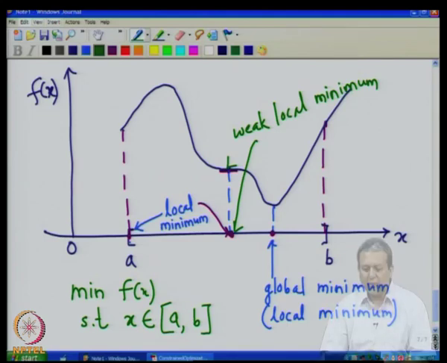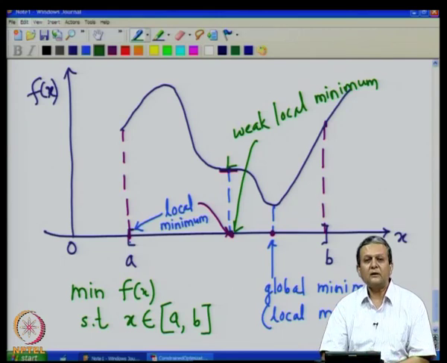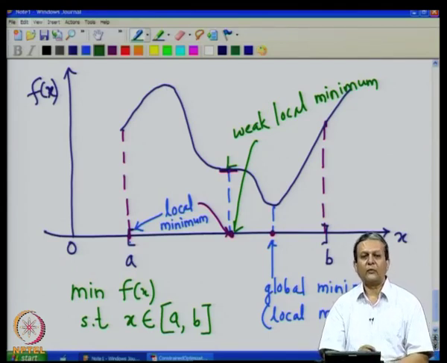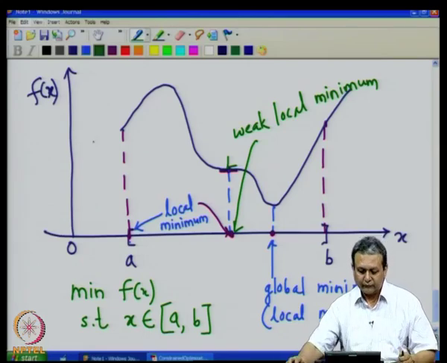So, you will see that the first order conditions that we studied for unconstrained optimization problem cannot be directly used to characterize the local minima of a constrained optimization problem. So, we need some extra conditions to characterize the local minima of constrained optimization problems.